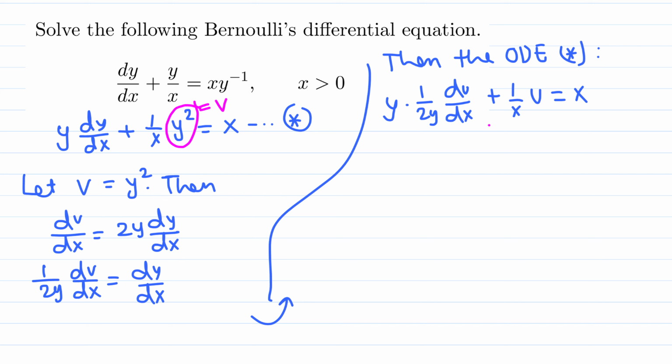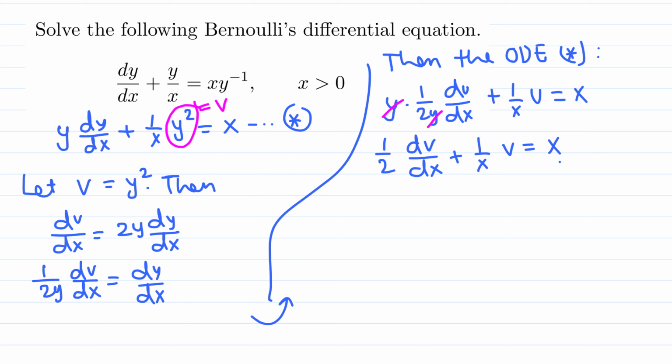Now y should be gone. The y's cancel, and it should be linear. So 1 over 2 dv over dx plus 1 over x v equals x. Yes, this is linear in v with respect to x.